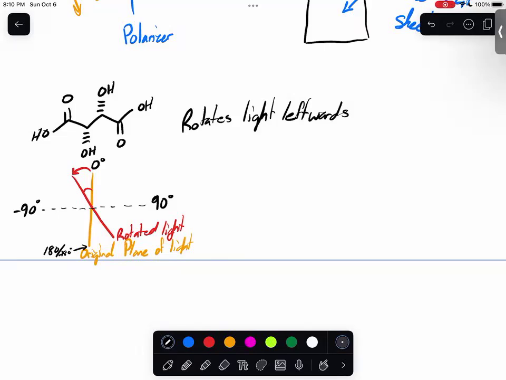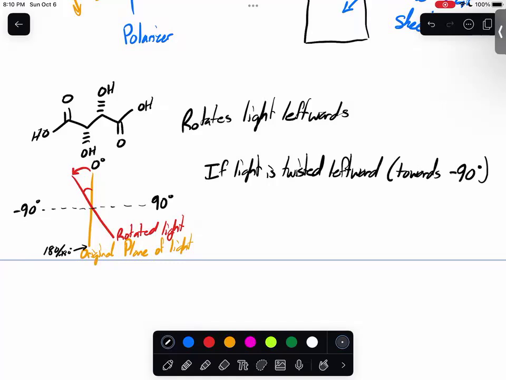And if light is rotated leftward, which is towards that negative 90 degrees, we call the enantiomer the minus enantiomer, because it is twisting the light in the minus direction.